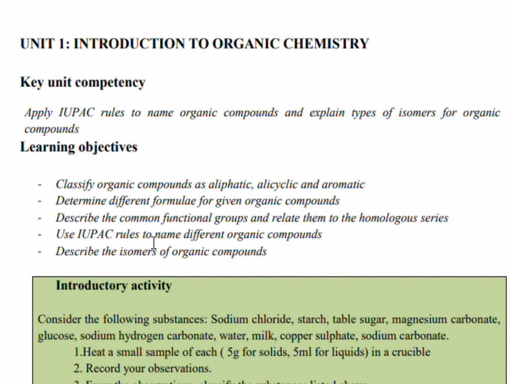We will also be able to describe the common functional groups and relate them to the homologous series. We know that organic compounds are classified in different homologous series depending on their functional groups.